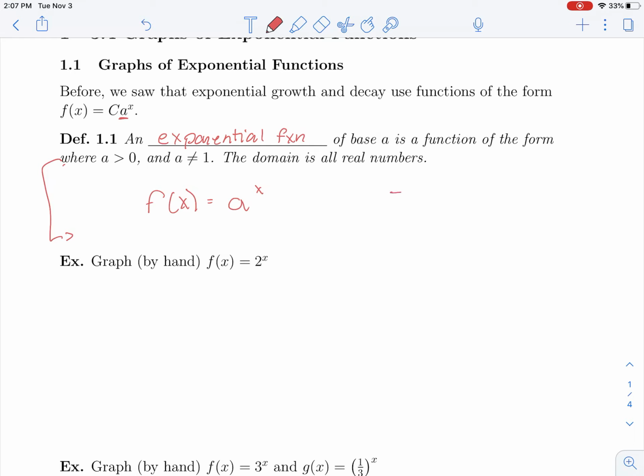Because if a is 1, it would just be a line. Silly, boring, not fun. And the domain is all real numbers.